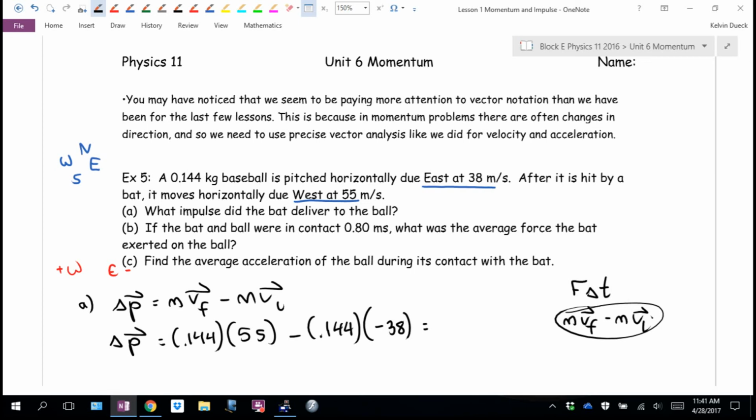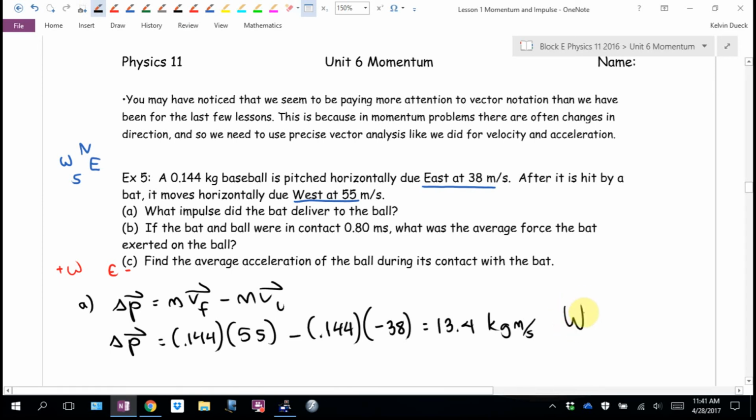So what direction will I write afterwards? Well, okay. 13.4 kilogram meters per second. I'm going to erase this because I got to leave the room. West. Okay. Brian, if you had let east be positive and west be negative, you would have got negative 13.4 on your calculator, and then you would have still said, well, it's west. You get the same magnitude.